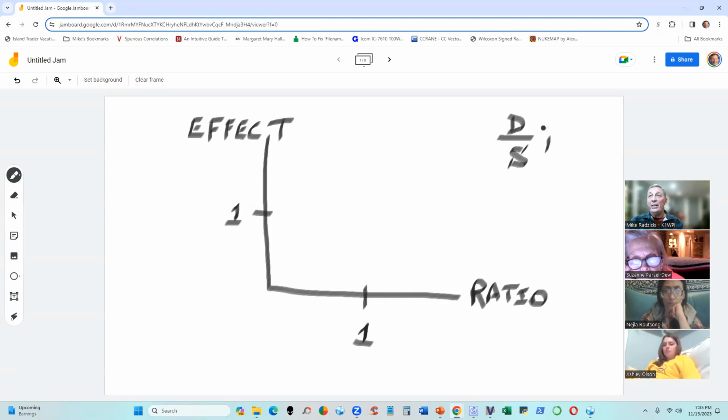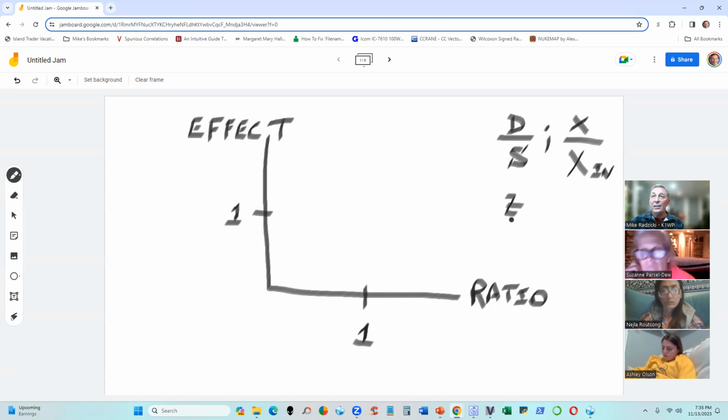Or it could be something divided by the initial value of something at the start of the simulation. It could be something divided by the desired value of something.